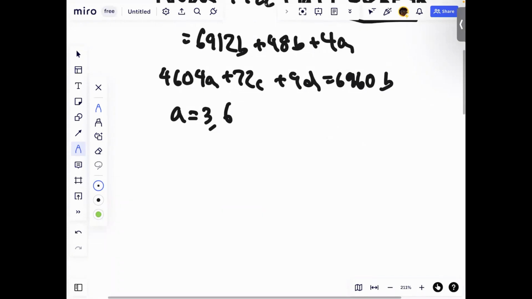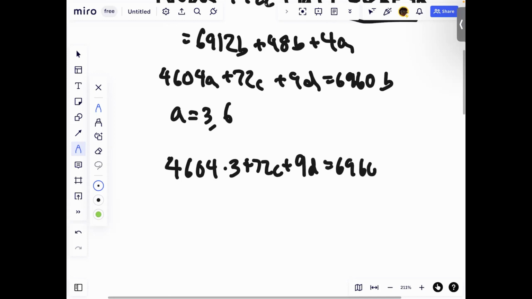If we plug in 3, then we have 4604 times 3 plus 72C plus 9D is equal to 6960B.